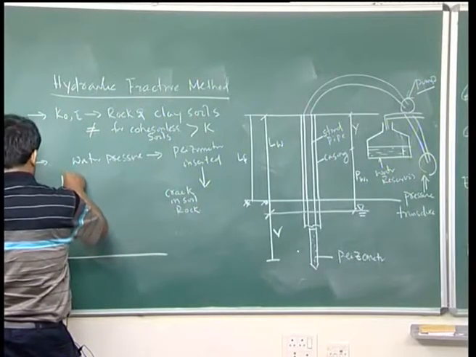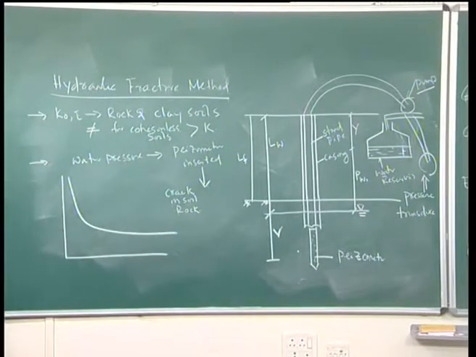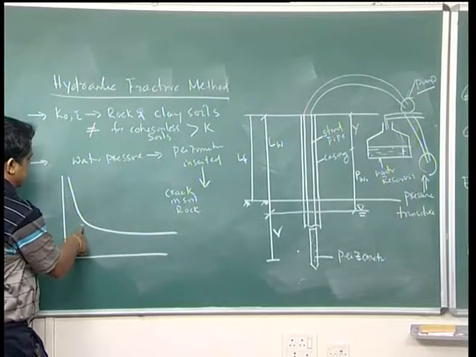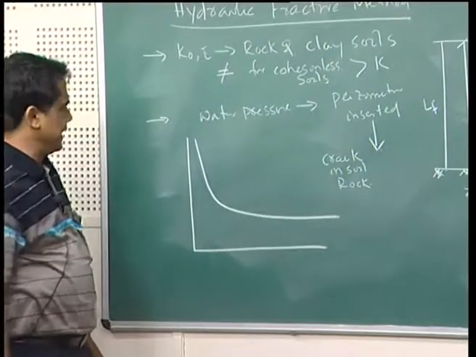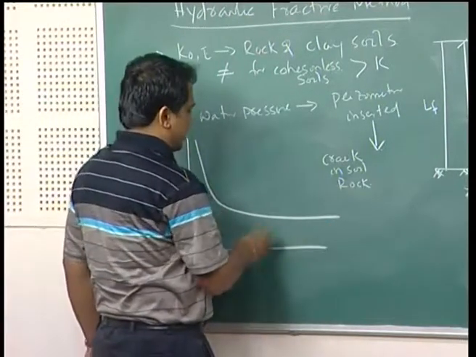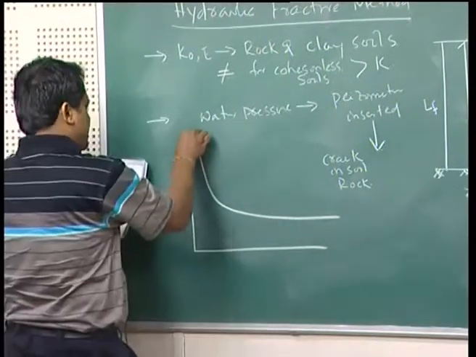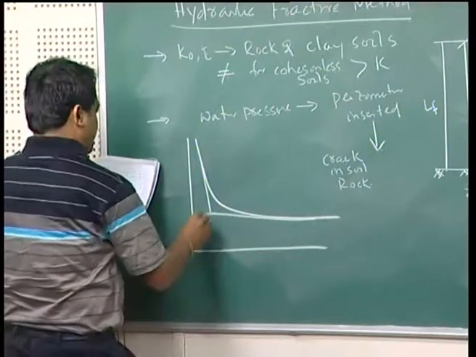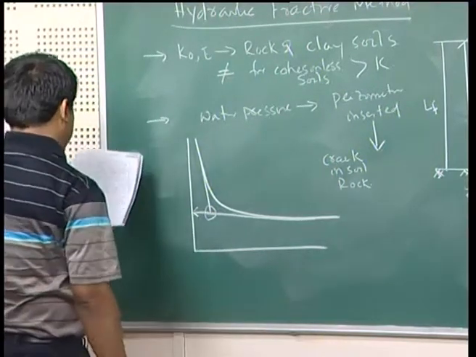How does it look? It increases, and after a certain point there is no more increase; the pressure remains constant or it may decrease. So, by means of a double tangent, find the pressure corresponding to your fracture.